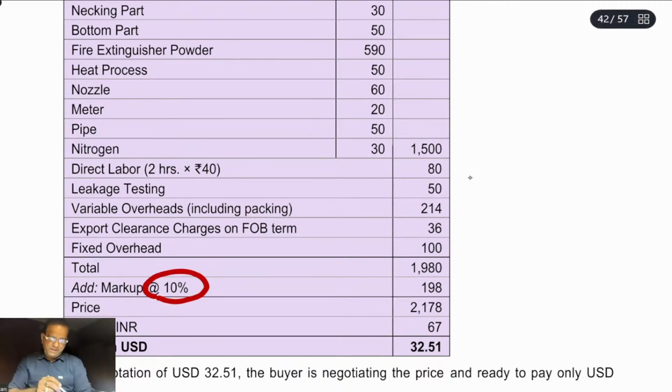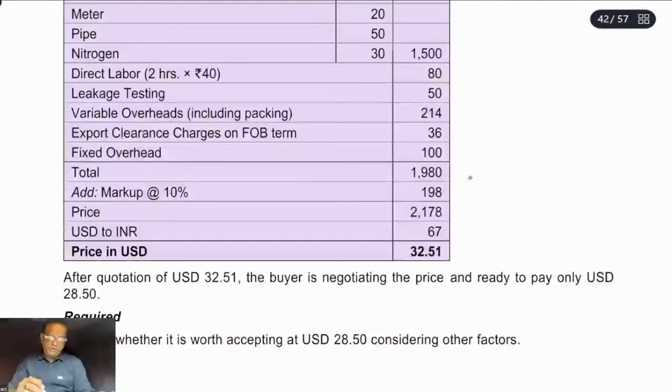We have added a 10% markup, so the price in Indian rupees is 2178. When converted into US dollars, it is 32.51. After the quotation of 32.51, the buyer is negotiating the price and is ready to pay only USD 28.5. Now you have to advise whether it is worth accepting the order at US dollar 28.5.